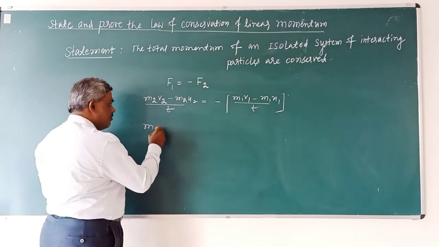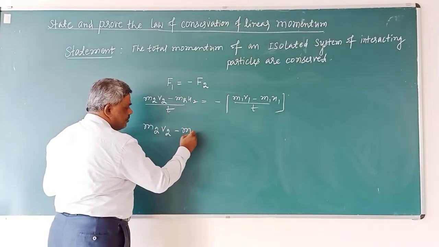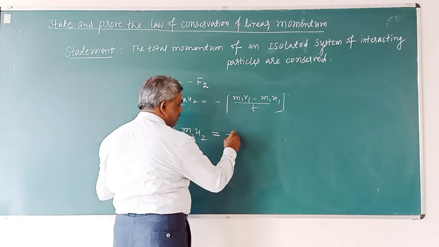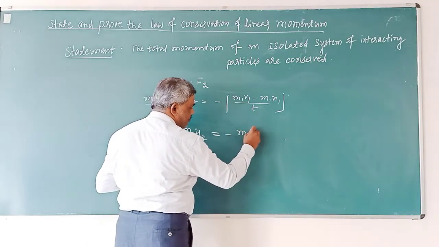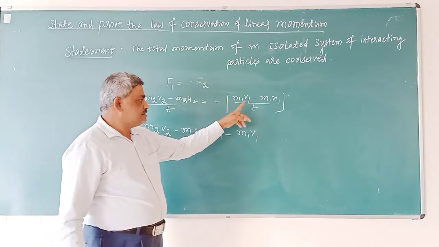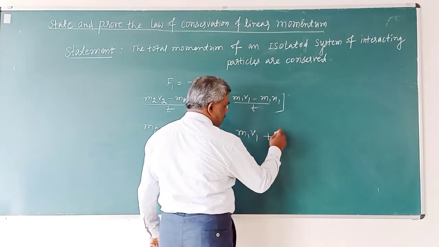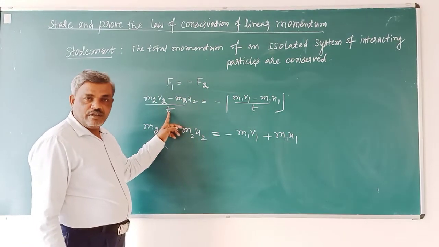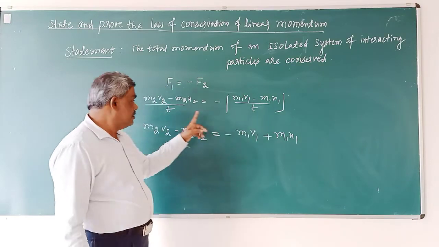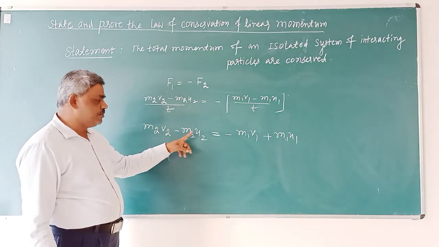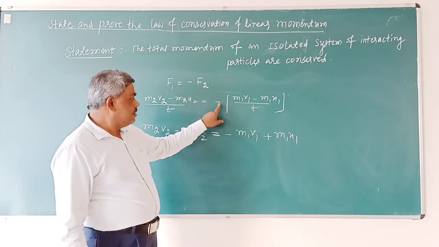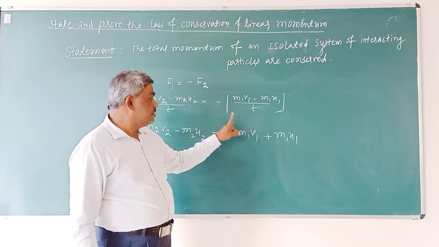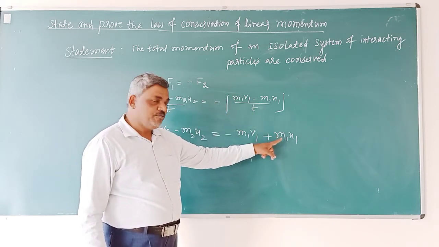So m2 v2 minus m2 u2 on the left. On the right side, the negative sign is multiplied: minus m1 v1, and minus into minus gives plus m1 u1.